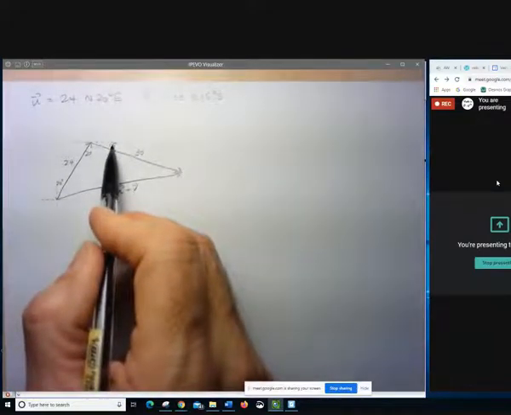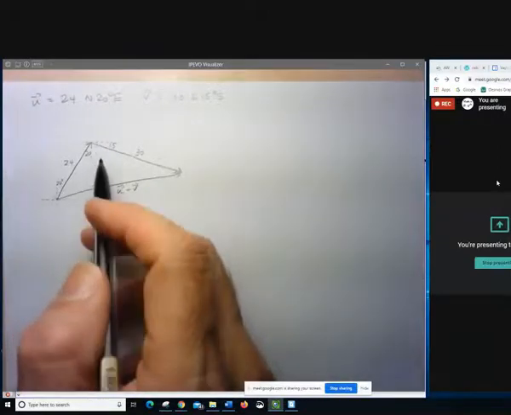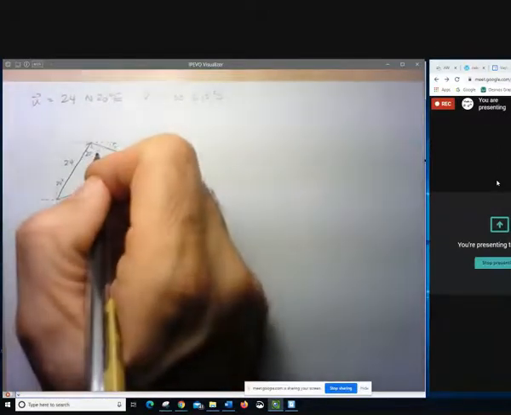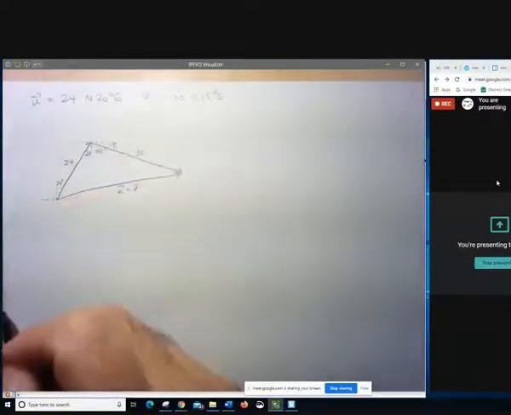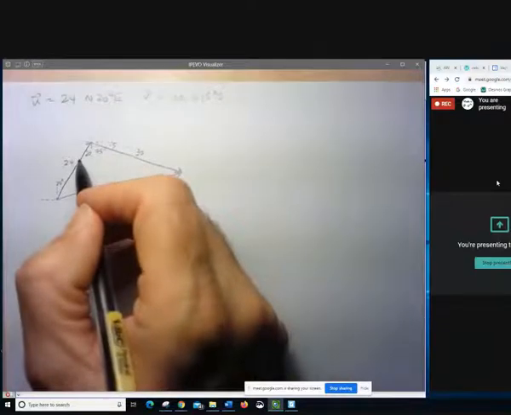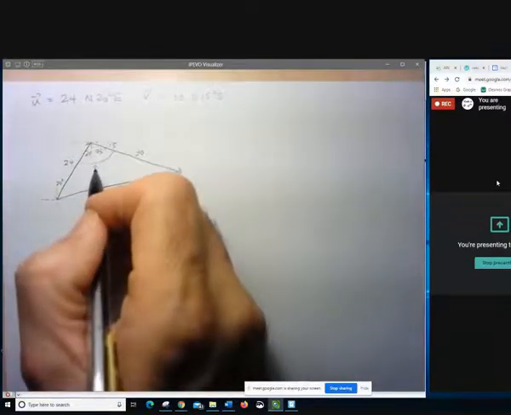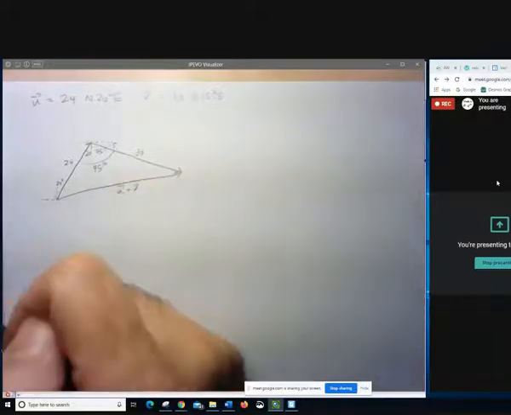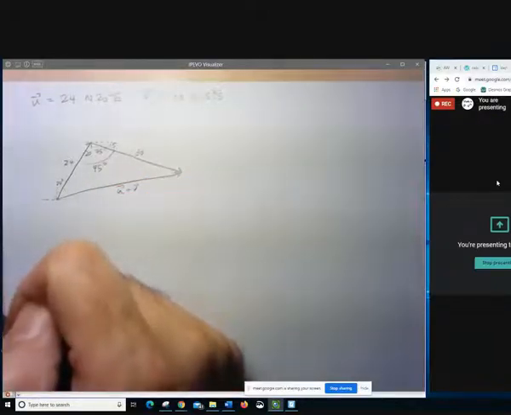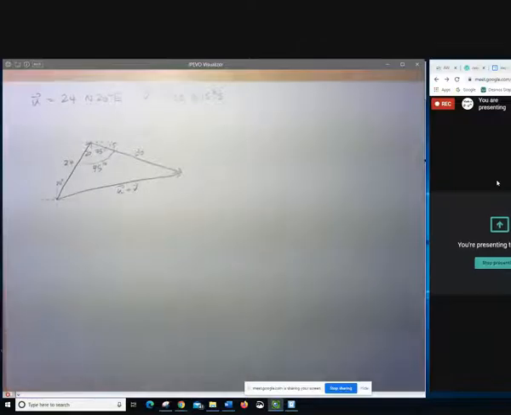So 90 minus 15 is going to be 75 degrees. So now between these two, we have an angle of 95 degrees. Did everybody see how I did that? Does anybody need me to go over how I got that angle?